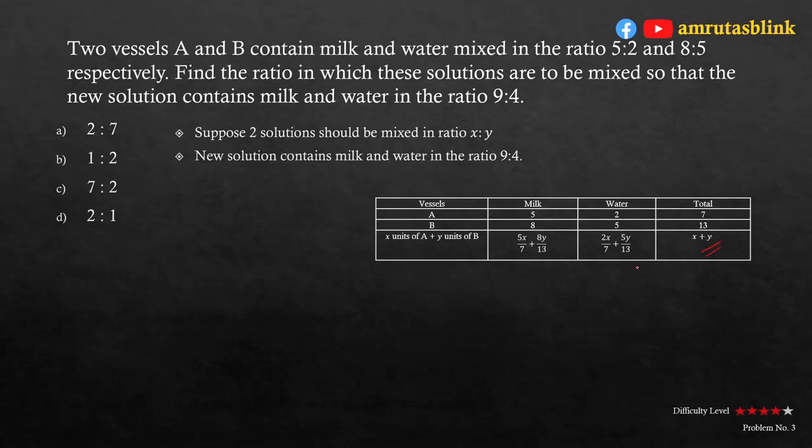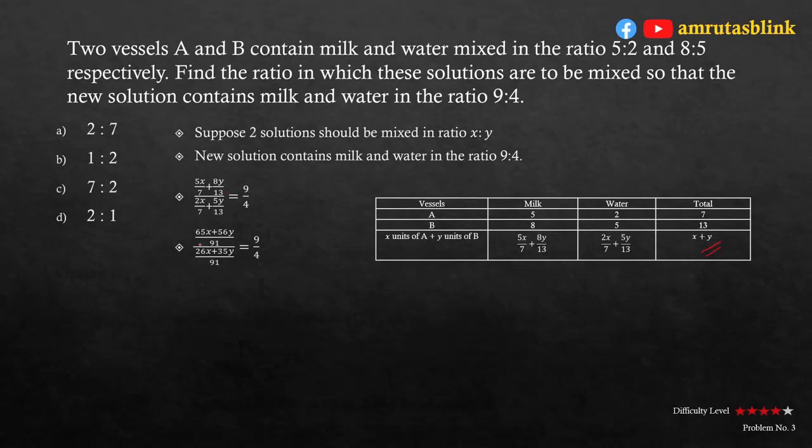And now this ratio is given as 9:4. So we can create the equation as 5x upon 7 plus 8y upon 13 whole divided by 2x upon 7 plus 5y upon 13 is equal to 9/4. Now the LCM of 13 and 7 is 91.